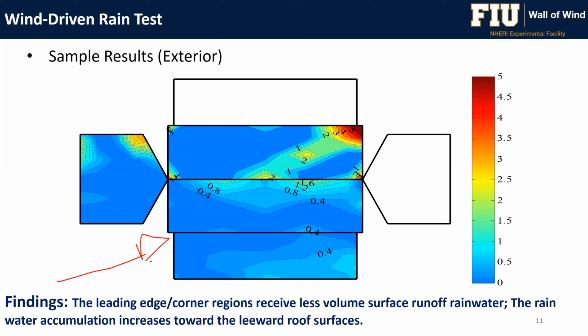So basically wind is coming from this side. And what happens is we have flow separation and then reattachment on the opposite corner, which means that there is a lot of rain accumulation on the opposite corner. This is a very interesting finding, obviously not something we didn't expect, but nevertheless, if you combine that with expected damage, we can see the effect of rain intrusion into the interior of the building.